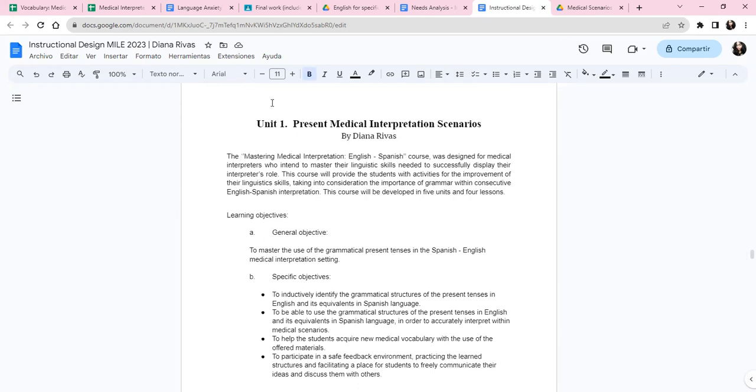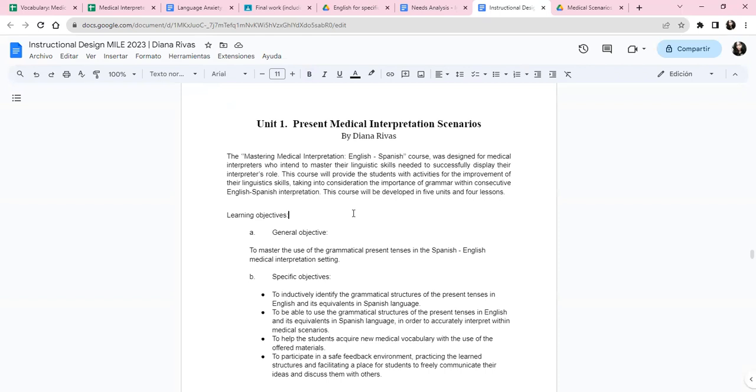Let's take a closer look to this syllabus, because we want to notice in detail what we will be doing. So unit 1, present medical interpretation scenarios. The Mastering Medical Interpretation English and Spanish course was designed for medical interpreters who intend to master their linguistic skills needed to successfully display their interpreter's role.